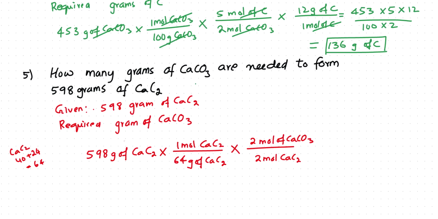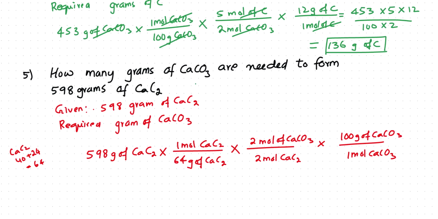So this moles of calcium carbonate we change into grams. So we know 1 mole calcium carbonate, molar mass of calcium carbonate is 100. So 100 grams of calcium carbonate. So final answer now we have in grams of calcium carbonate.